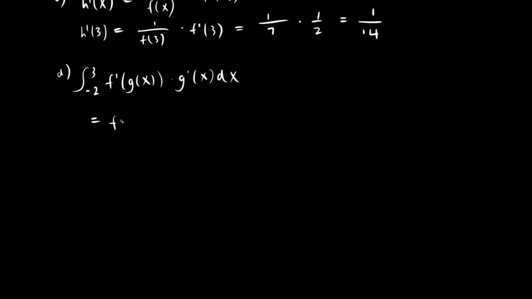In this case, that would be f of g of x, evaluated at the top bound, 3, and then minus this function evaluated at the bottom bound, -2. So we can rewrite this as f of g of 3 minus f of g of -2.